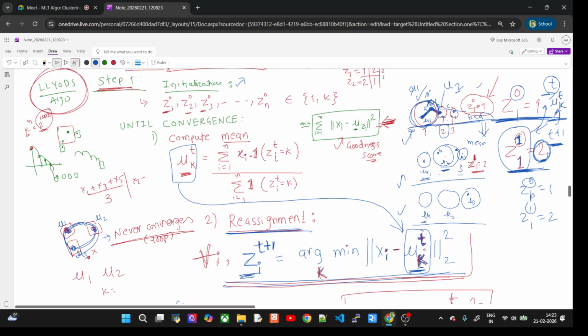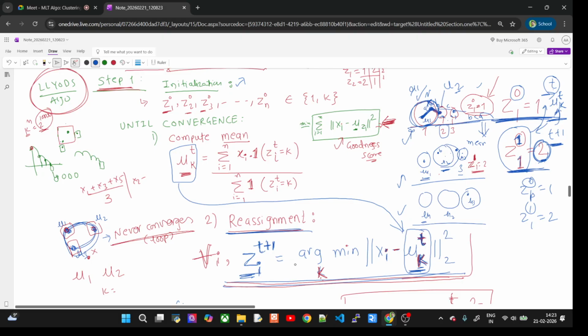If the distance to a neighbor is less, then you jump to that neighbor, otherwise you stay there. This is the reassignment step, where you reassign the cluster indicator. If your neighboring cluster has the minimum distance, you jump to that neighbor, otherwise you stay.